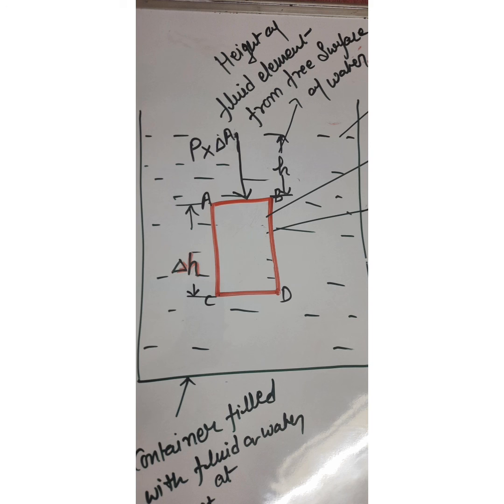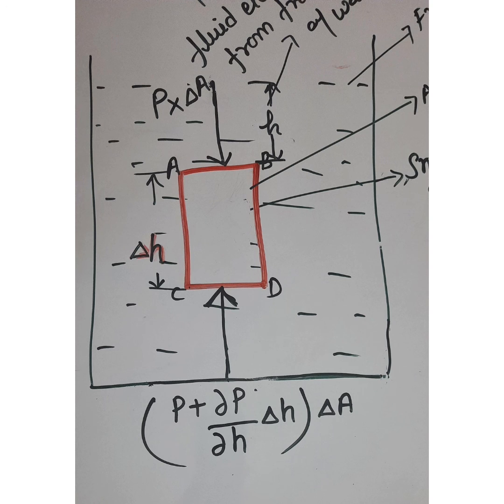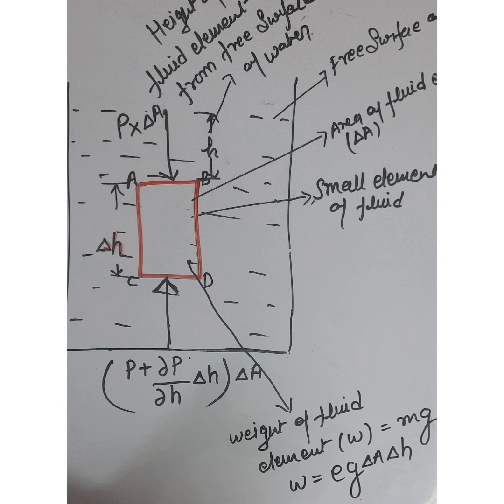Pressure is denoted by P and the area of this fluid is del A. So the pressure force applied perpendicular on face AB is P into del A. Second, an opposite force is applied on the face CD, which is P plus the change in pressure with respect to change in distance H, into del H, bracket closed, into del A. Now the third one is the weight of this fluid element.